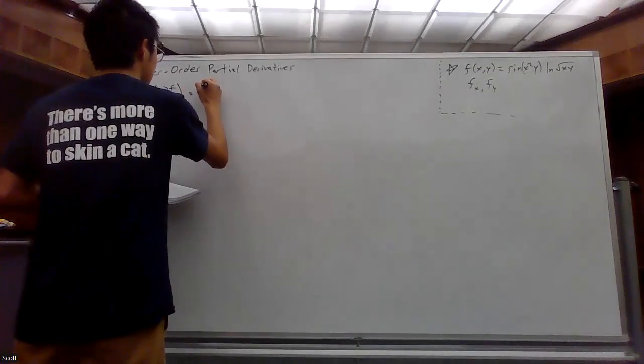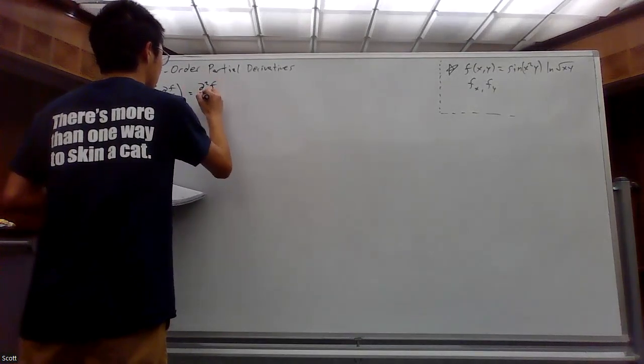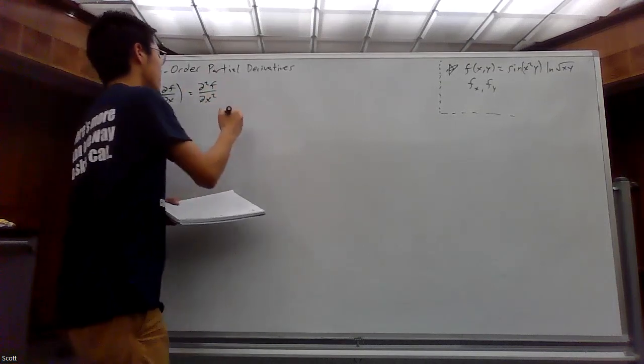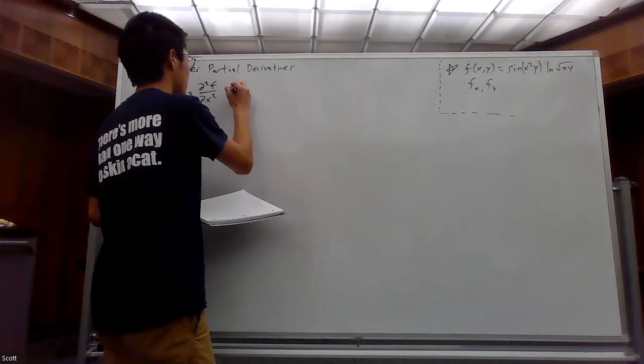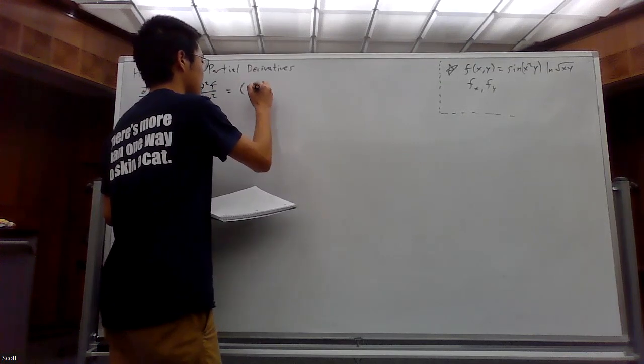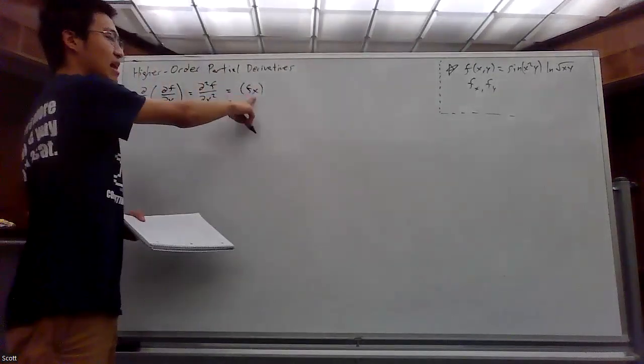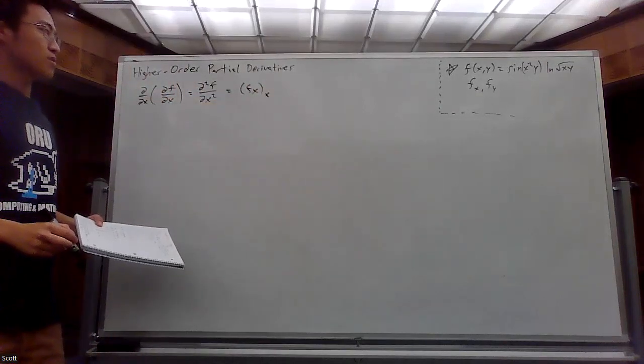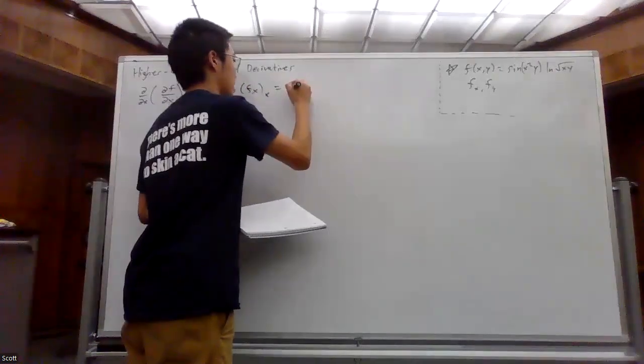Then we notate that d squared f over dx squared like that. Here's what I prefer, because this is more streamlined notation: you're taking fx, and then you're doing that with respect to x again. And so really this is fxx.